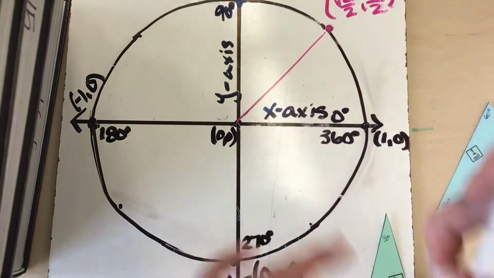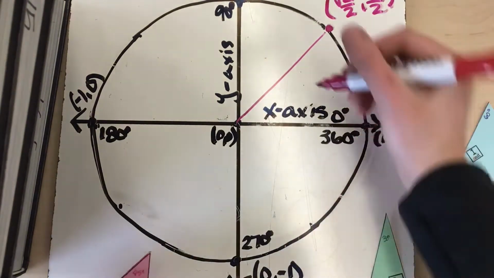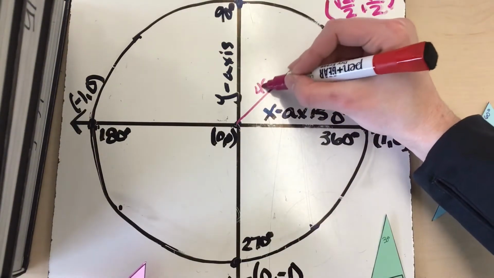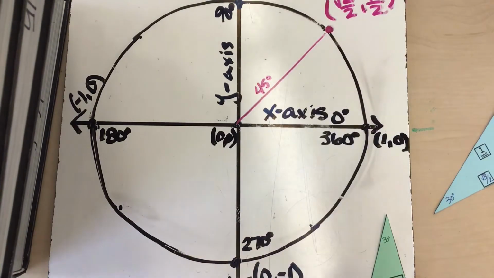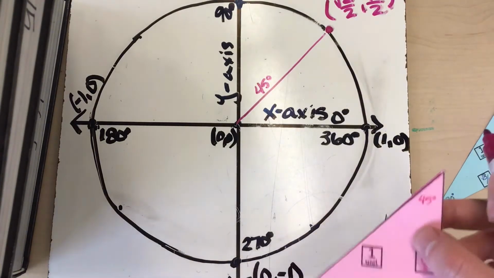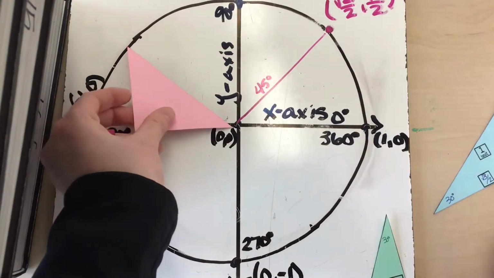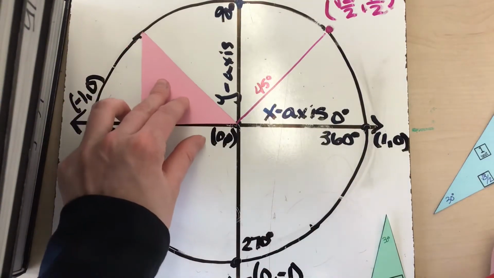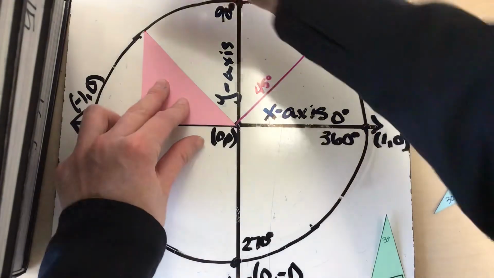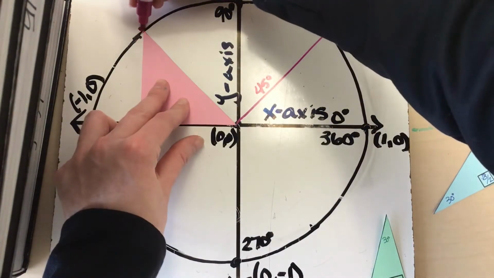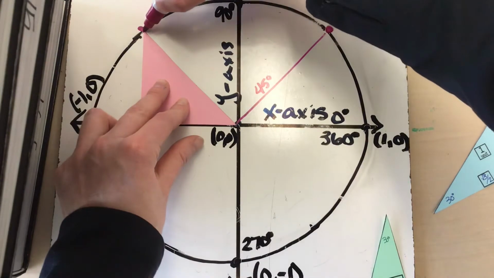So now that is our 45-degree angle, so we want to label it 45 degrees. Now, we're going to do the exact same thing for every side. So when we do this, we're going to flip over our triangle so that we are still getting a 45-degree angle up to that point.